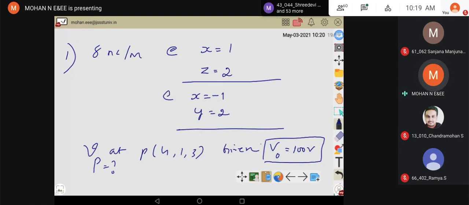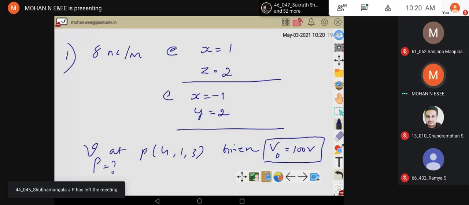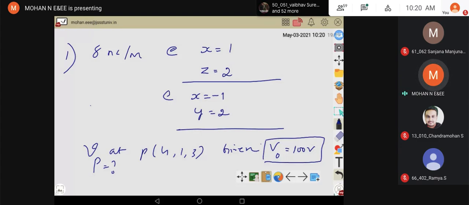So I have two line charges located at x is equal to 1 and z is equal to 2. That means you have a line at a distance of 1 unit on the x-axis and at a height of 2 units on the z-axis. Similarly, one more line is at minus 1 unit on the x-axis and 2 units on the y-axis.